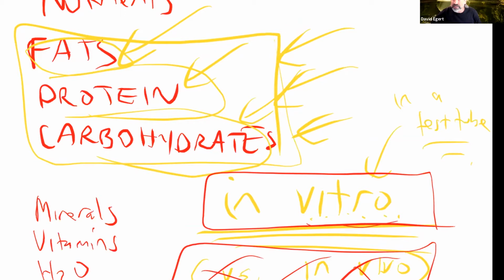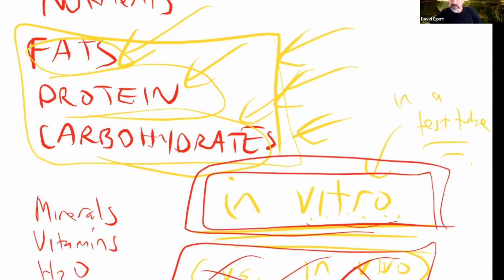And the nice thing is you can really control lots of things, concentrations of different things, what the pH is, whether there are going to be bile salts in there or not. The bad part of in vitro is it isn't real.